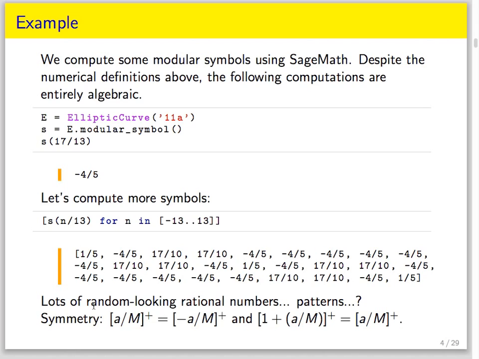Okay, so given these two symmetries, you really only need to consider the values of this modular symbol between 0 and 1, actually between 0 and a half. But as a consistency check, I'm always going to consider a whole bunch of values of this modular symbol between 0 and 1. And you should always double check that the values at the end are kind of symmetric with the values at the beginning to make sure we didn't mess something up.